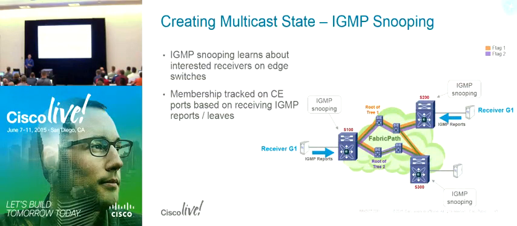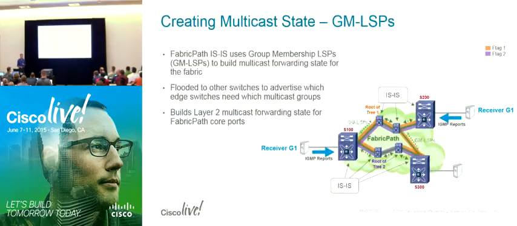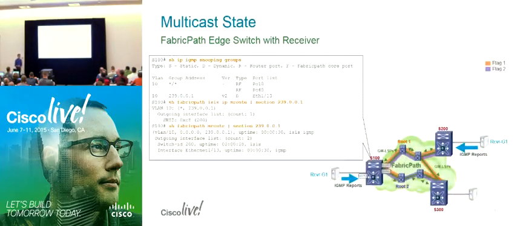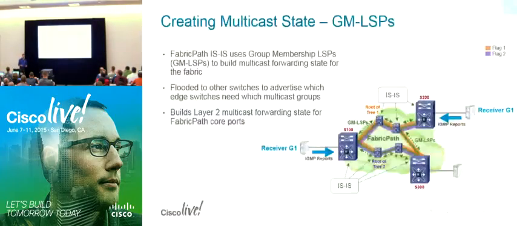The second part is the GM LSPs. This is the part where FabricPath ISIS comes into play. Once you have IGMP learn the interest in a particular multicast group of a particular port, then FabricPath takes this state and floods throughout the network the GM LSPs.